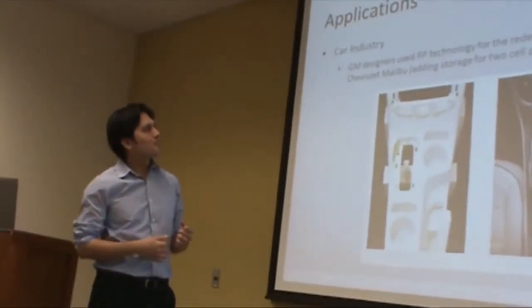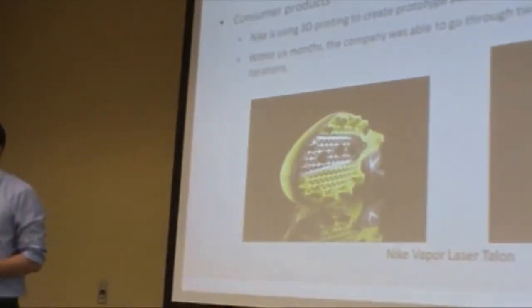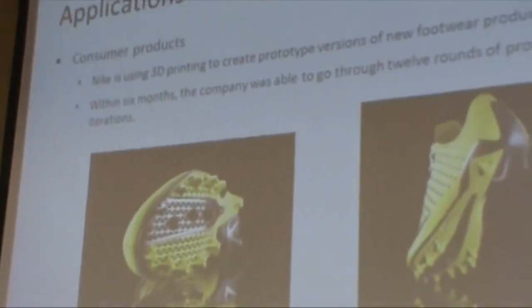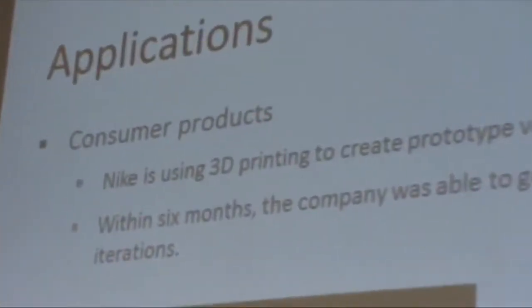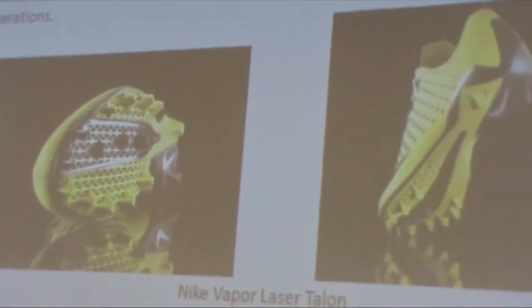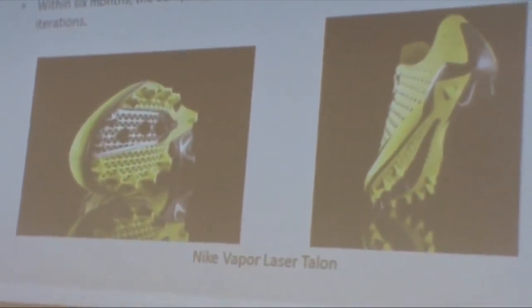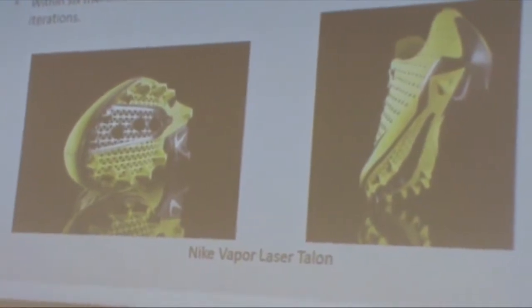Okay, so an interesting application. The other one I want to show is about consumer products. The shoe companies, I think one of them is Adidas, also use it. Nike also uses it. They use 3D printing to create the prototype.